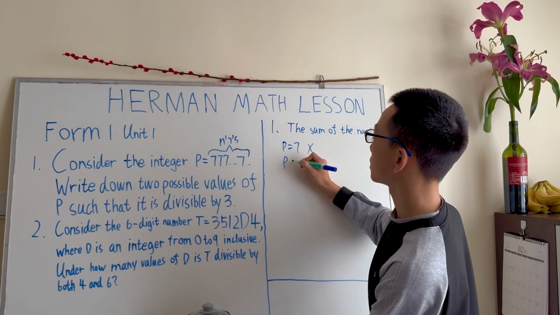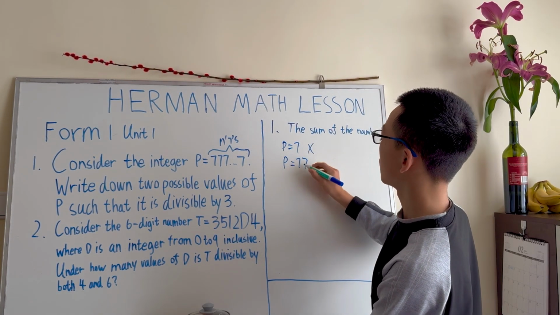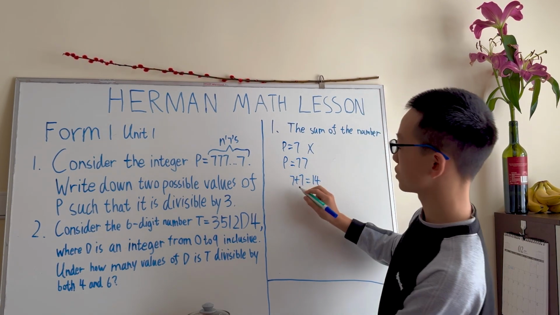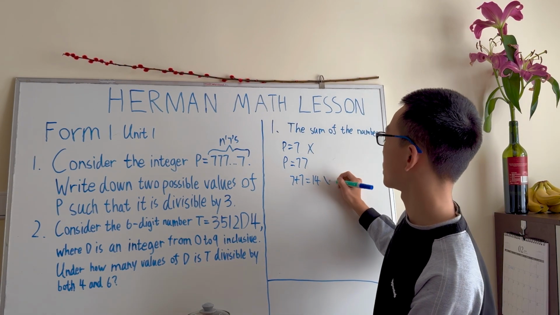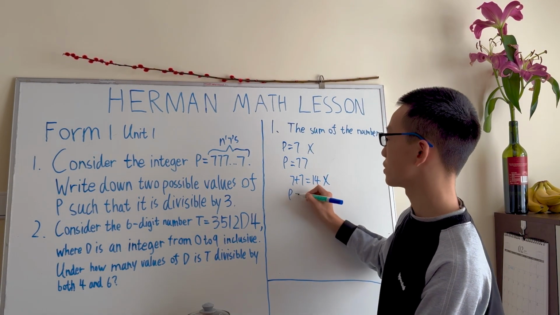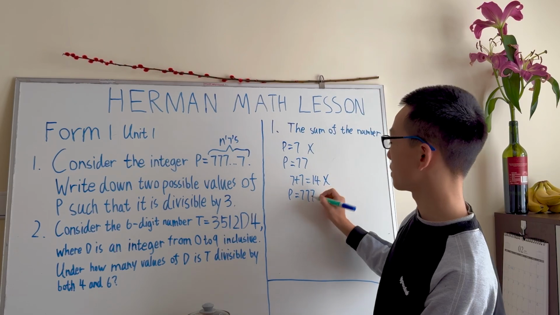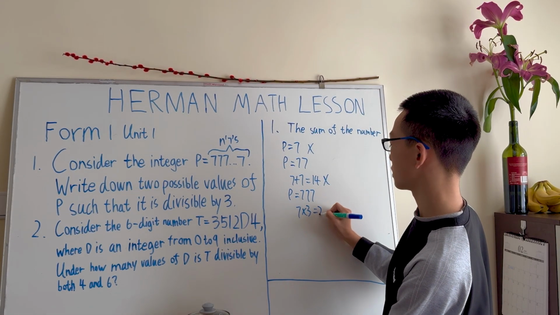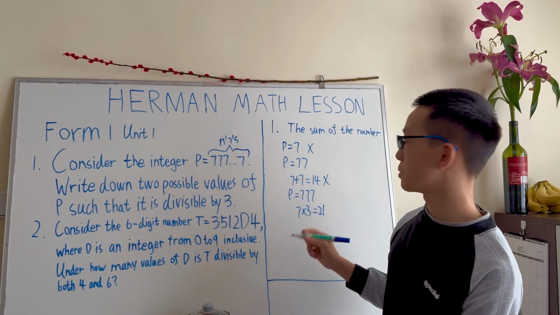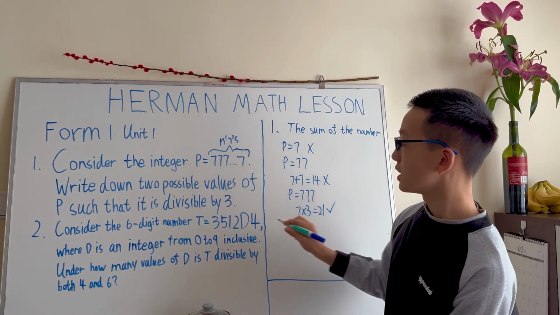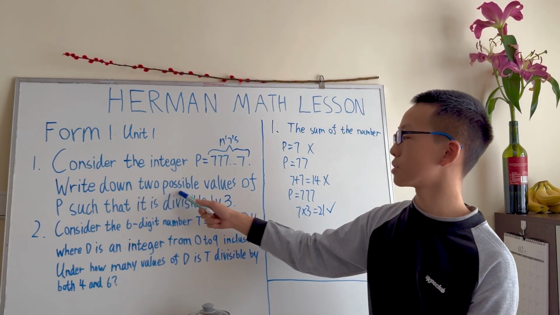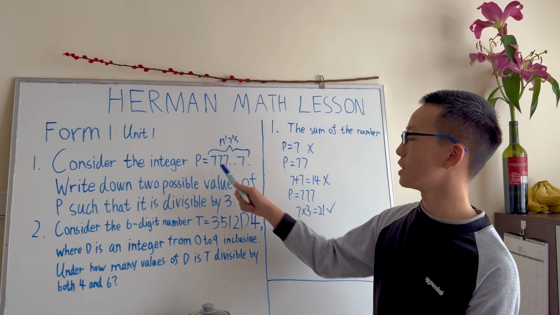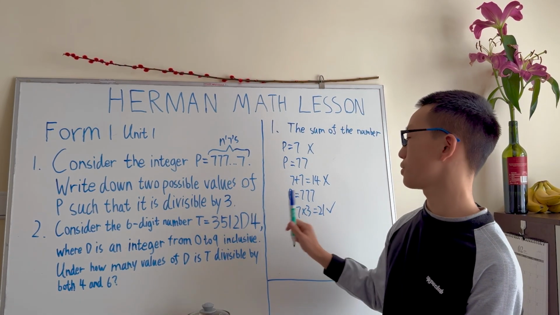When p equals 77, we add them together, it equals 14. It is also not a multiple of 3. And when p equals 777, the sum is 21, so it is a multiple of 3. It said we need 2 possible values of p so that it is divisible by 3.